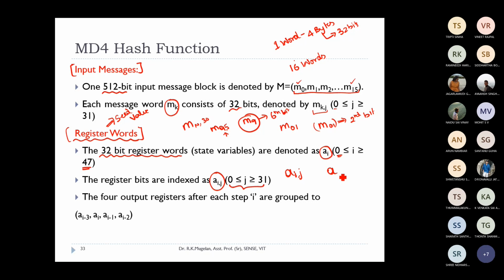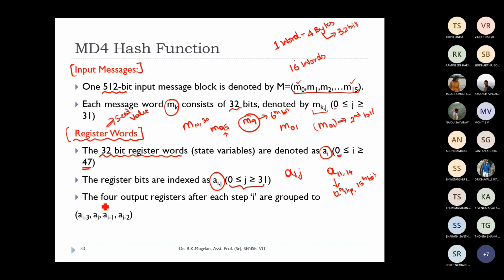If I say A 11, 14, it means the word is in the 12th step, and I am speaking about the 15th bit. Like how we have k, j, j always represents the bit. Here i represents the step, and k represents the word in the input message.